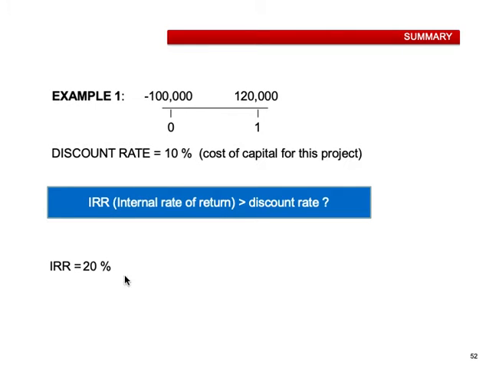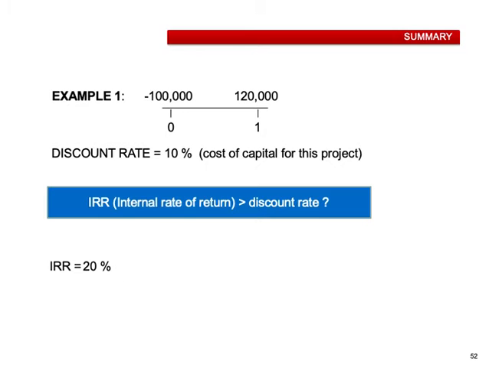So the present value of the difference between 20 and 10% is actually 9,091, which is equivalent to the NPV of the project. So in other words, how does this work? The IRR is larger than the discount rate. So that means that you would have a positive NPV. And a positive NPV would mean that you need to go ahead with the project because the project adds financial value to the firm.